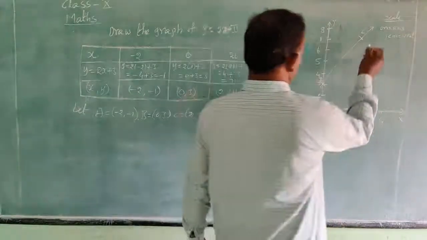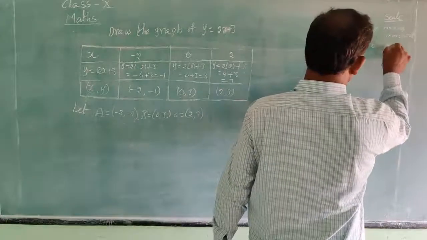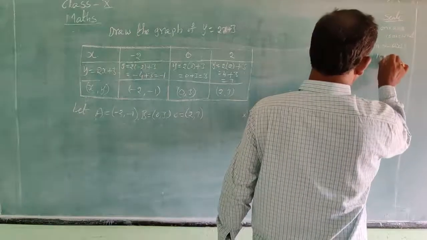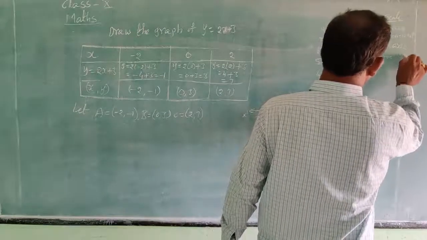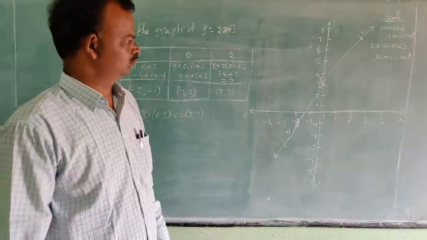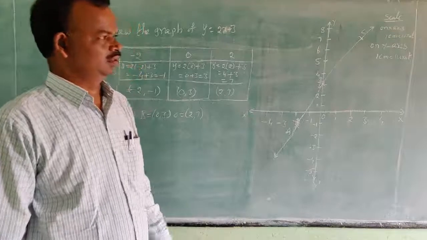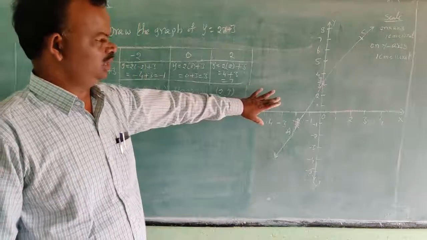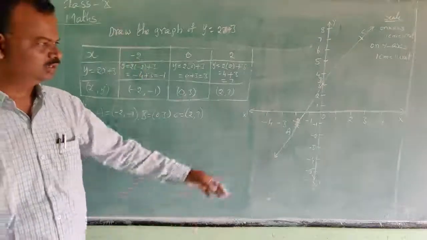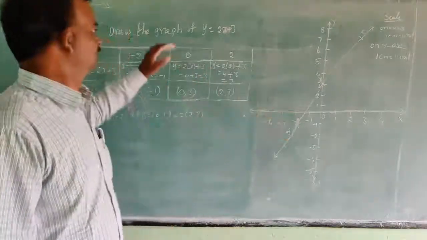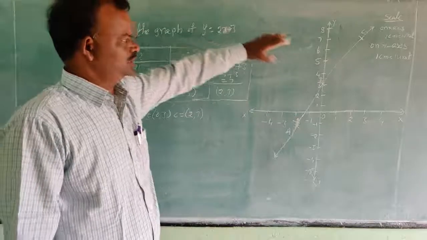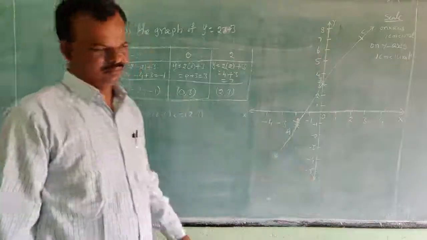And also on y-axis, 1 centimeter is equal to 1 unit. So this is a linear equation. It gives a straight line. Linear means it gives a straight line.